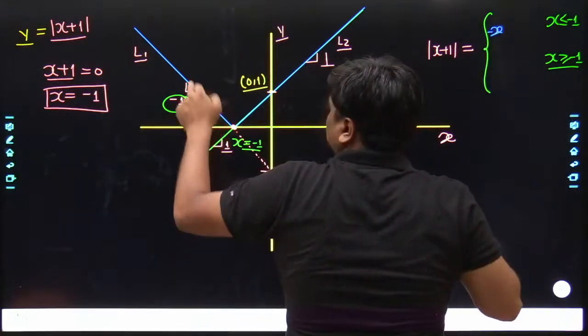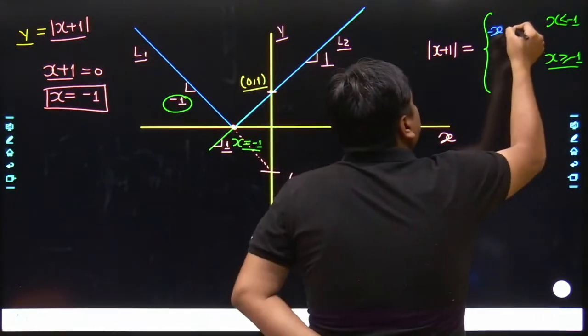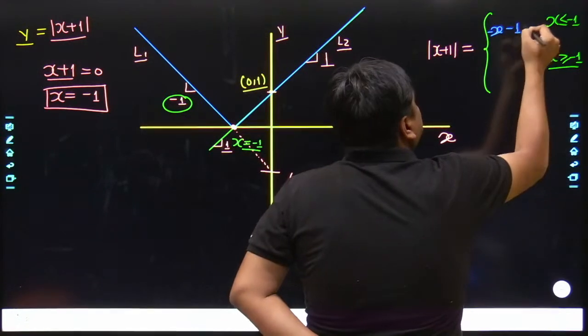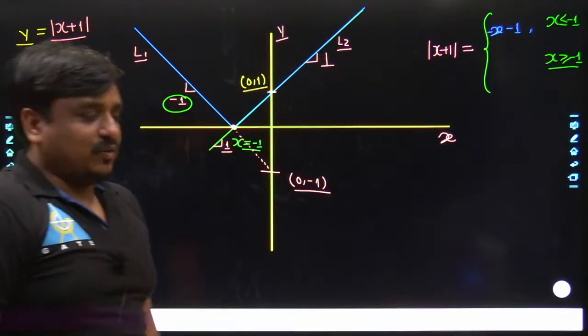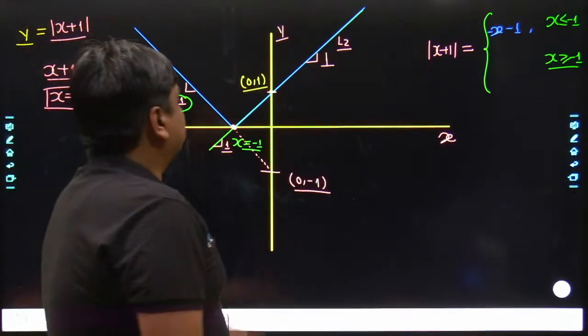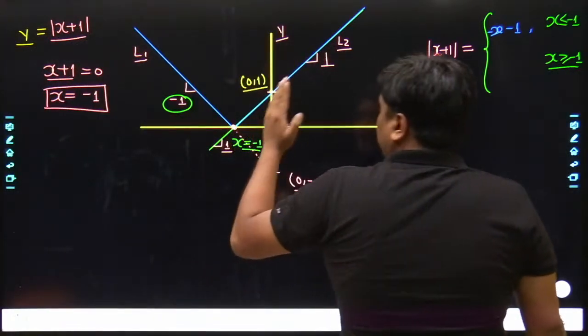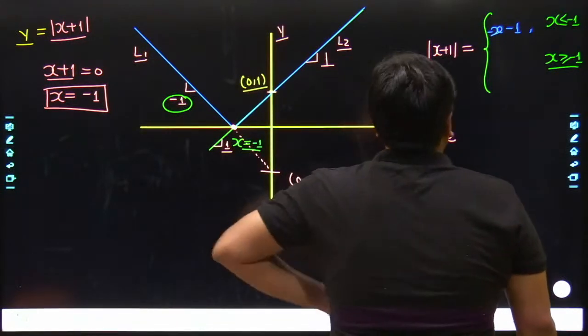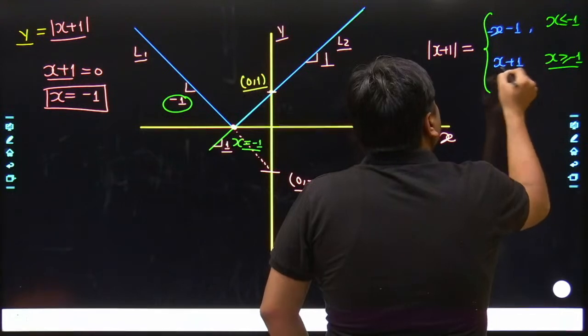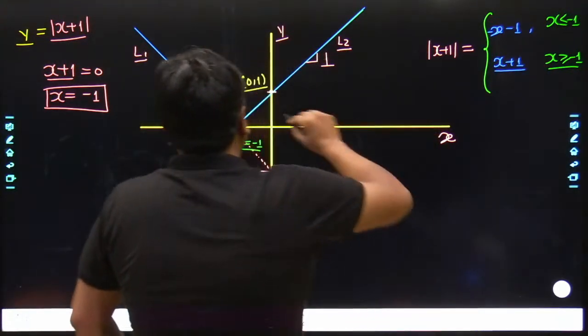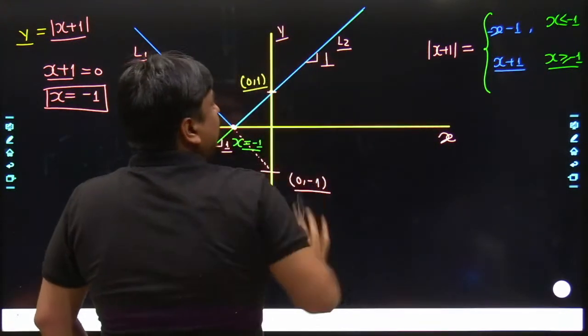Obviously it would become minus x, and now it's going to strike at c, and c has been -1. So simply it's going to be minus x minus 1. Similarly, for the straight line after x equals -1, it would simply become x plus 1, because there was no change. Whatever straight line we have drawn earlier has been the same one.